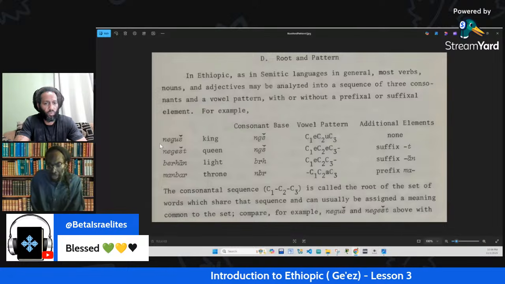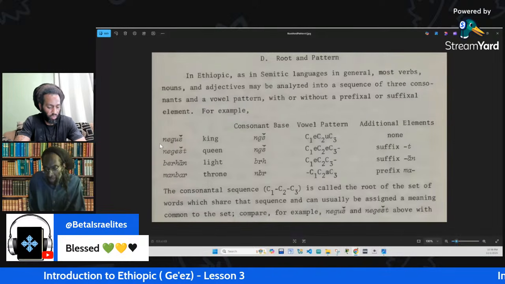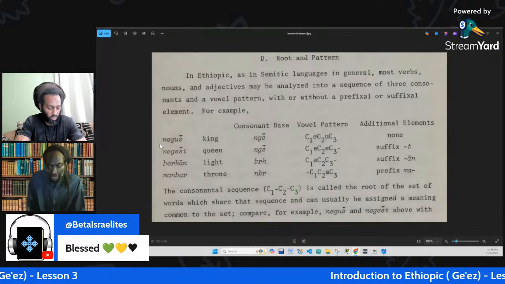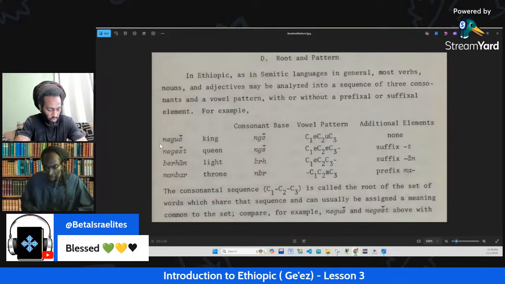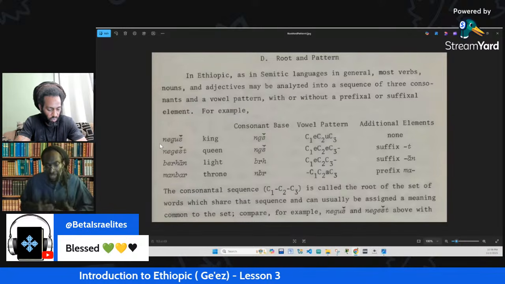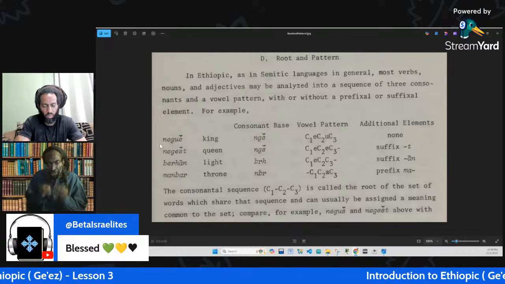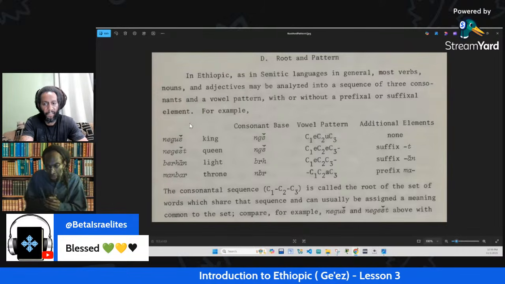And then under the column that says consonant base, you have the N, you have the G, and you have the S. But that S, remember the little sign above it, is a SH, in the most ancient enunciation of Ge'ez, an ancient Semitic language.